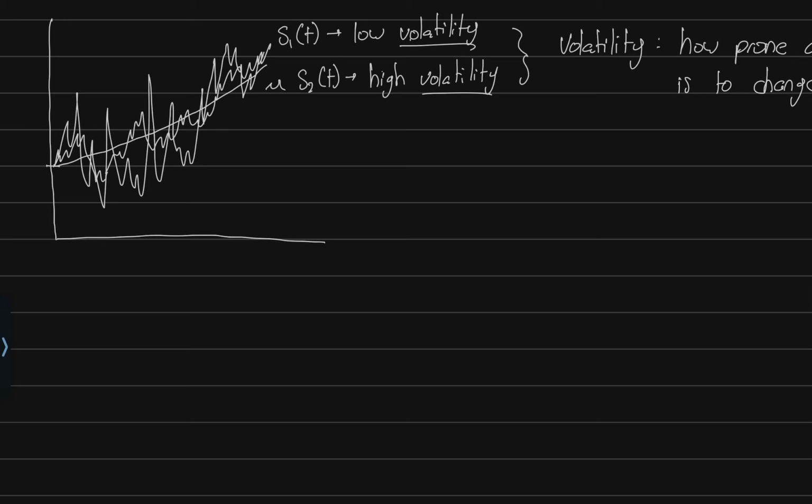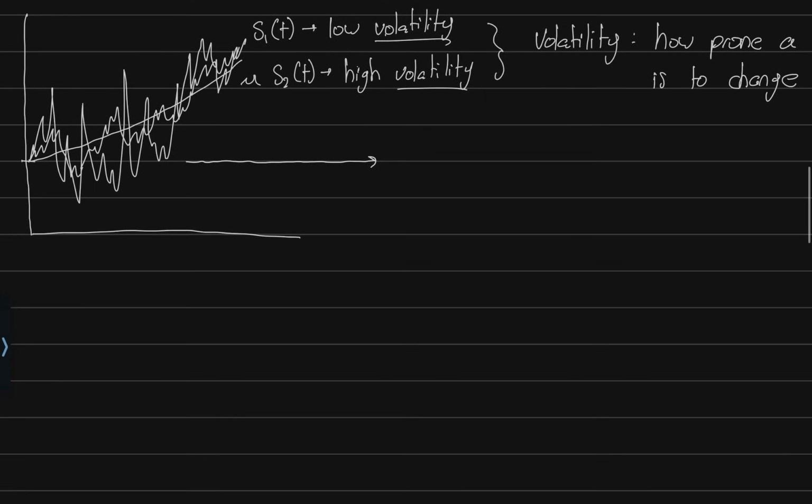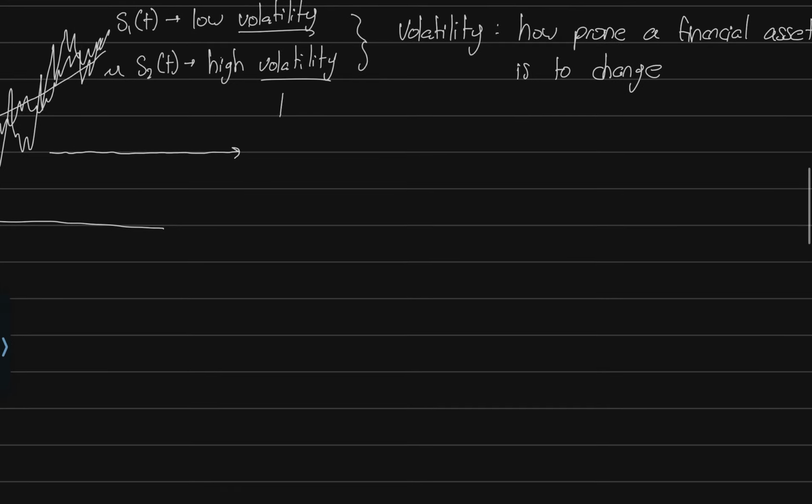So in the context of Brownian motion, if I were to just analyze the noise residual of this without really thinking about the mean returns, if I were to graph out t, and let's say this is S1 of t, I'll probably get something like this as the noise.